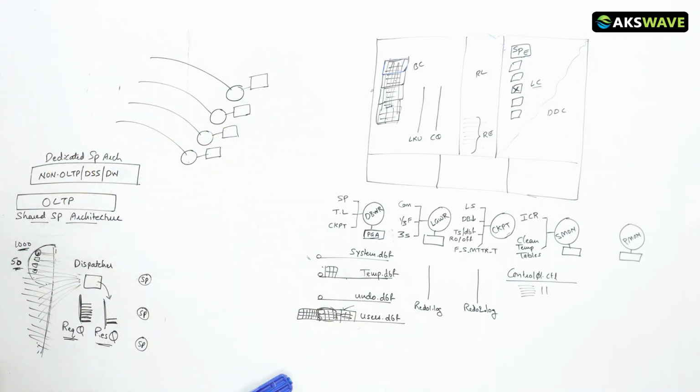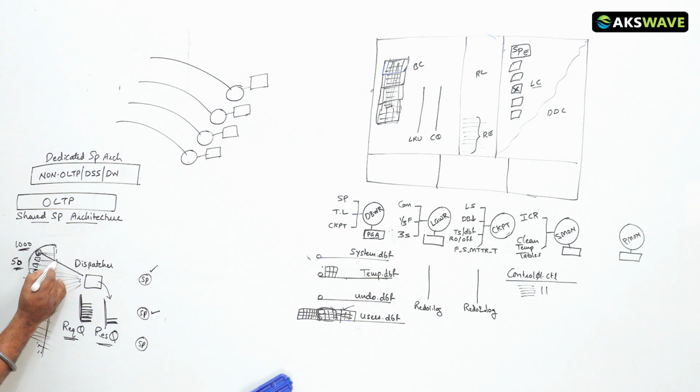Same way here. Correct? Now what happens here might be the first query I submitted here. This is the one processed by this server process. The same user submitted next second query. Second query might be processed by him. Third query he submitted. His third query might be here, right?